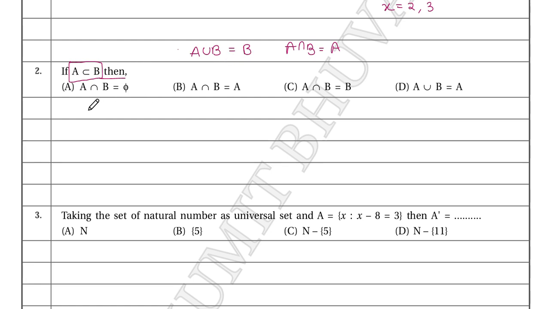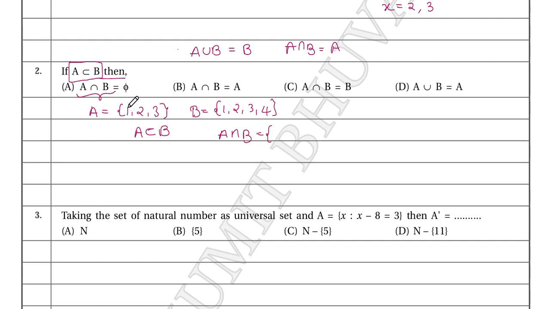Otherwise, take an example. Let's say A is equal to {1, 2, 3} and B is equal to {1, 2, 3, 4}. You can see that A is a subset of B, so this condition is satisfied. The first option says the intersection is empty. No. If you find A intersection B, intersection means common elements.